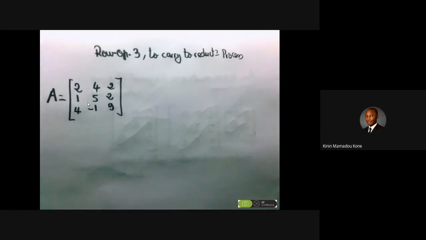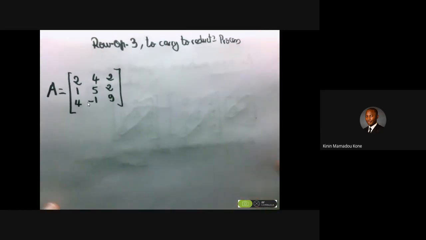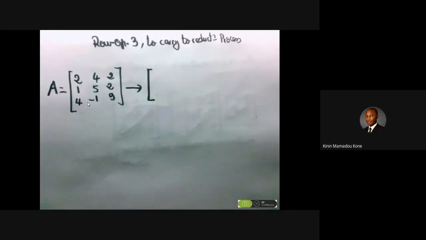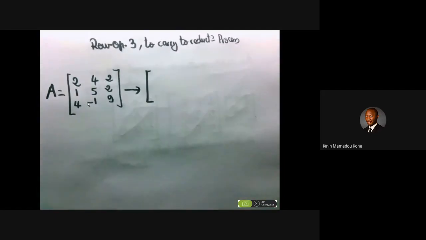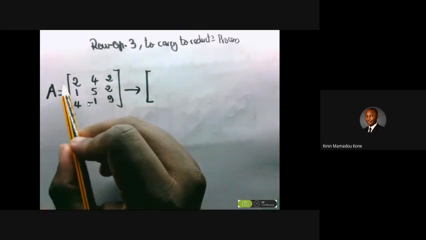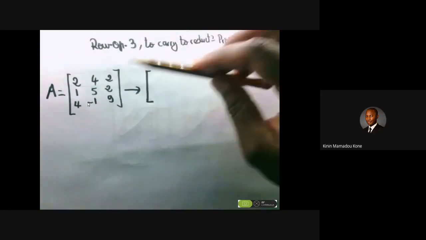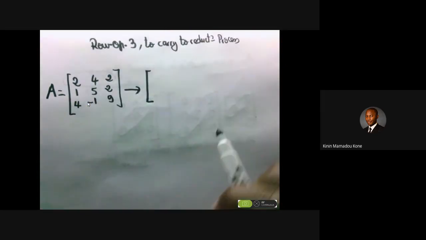So let me reduce this one. When I do the reduction, I'm going to take this row as my pivot row, and I'm going to use that row to eliminate the other rows, the values in the column, the 1 and 4 here.